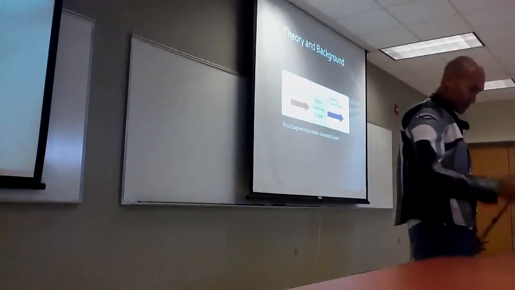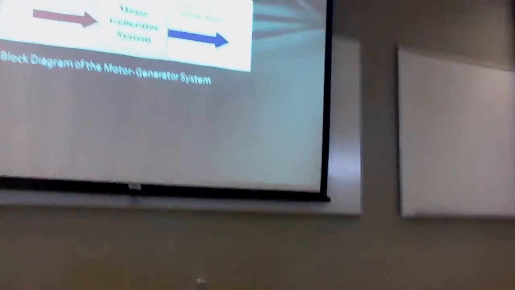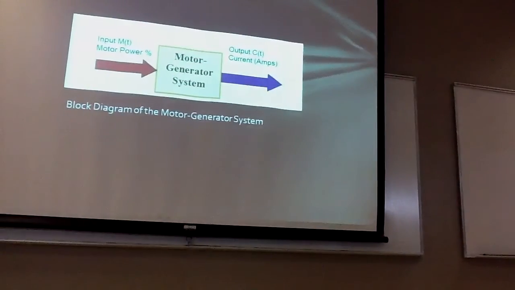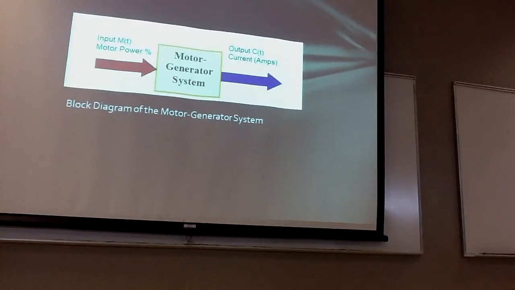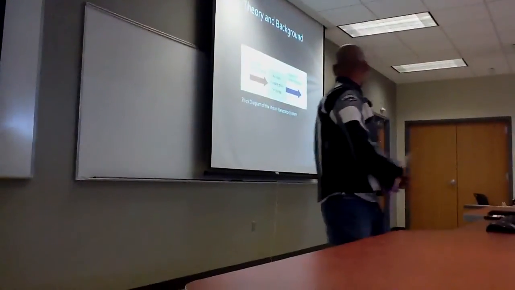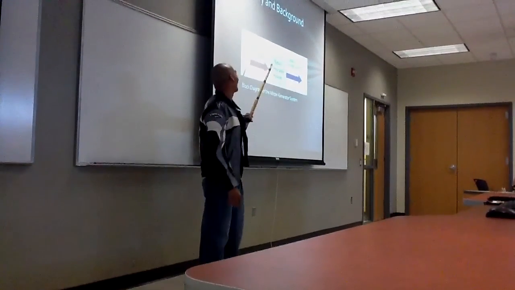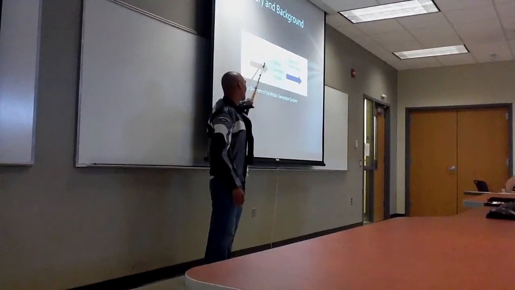Okay, this is just the theory and background. Just the same thing that Silver team just discussed earlier. So we're just gonna have the input motor power, and it's gonna be running percent.